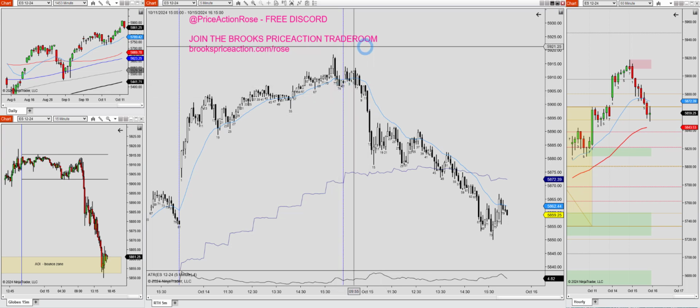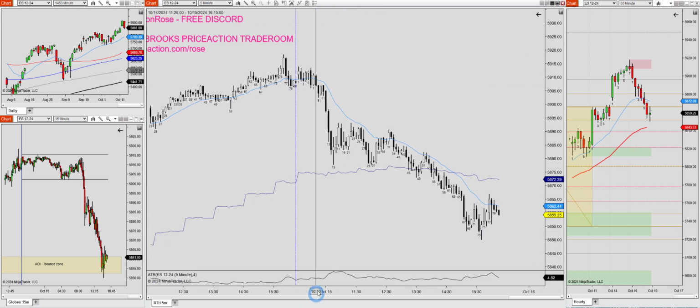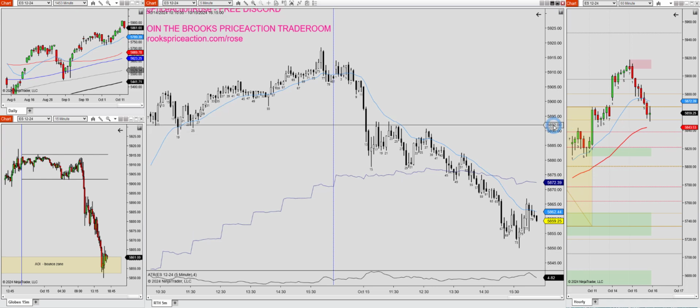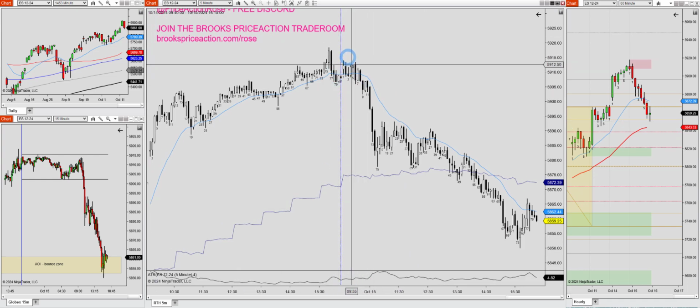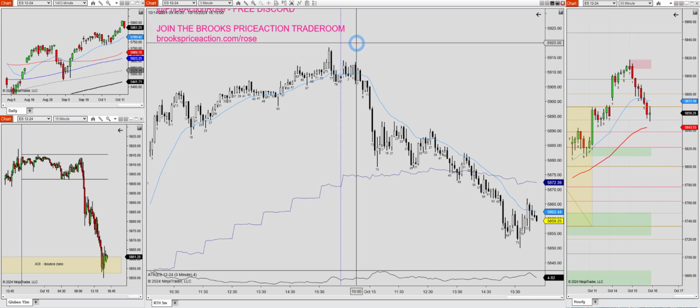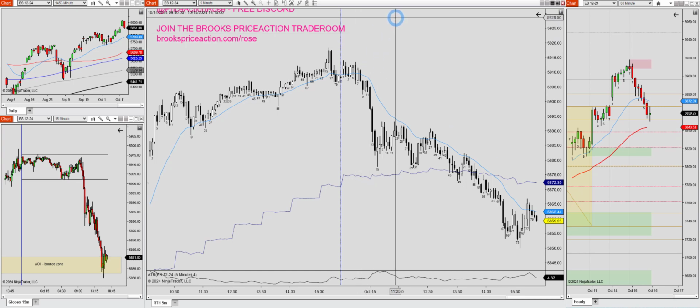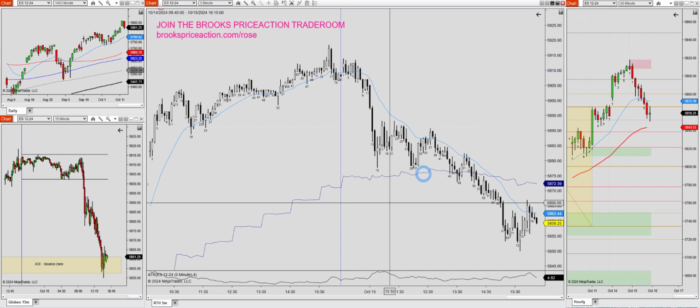So now at the open today, I'm wondering if the market is going to start buying as early as the open with bar 1 and 2, that we're going to test the highs, possibly make new highs. So I'm looking for those highs.